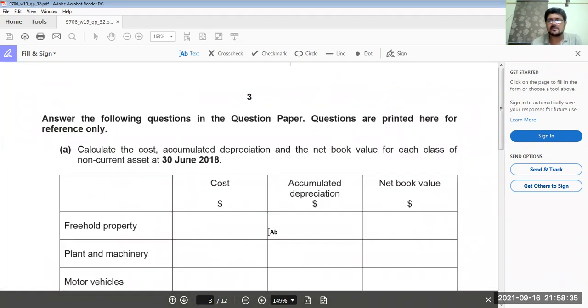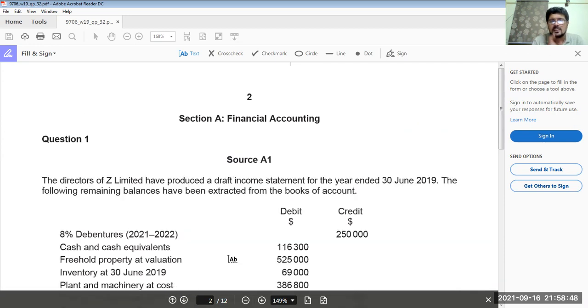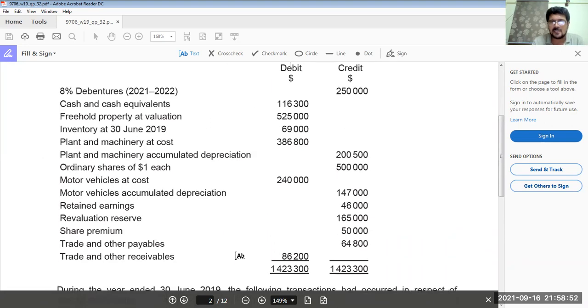See the requirement. The first requirement says calculate the cost, accumulated depreciation and the net book value for each class of non-current asset on 30th June 2018. It means 1 year before this trial balance.